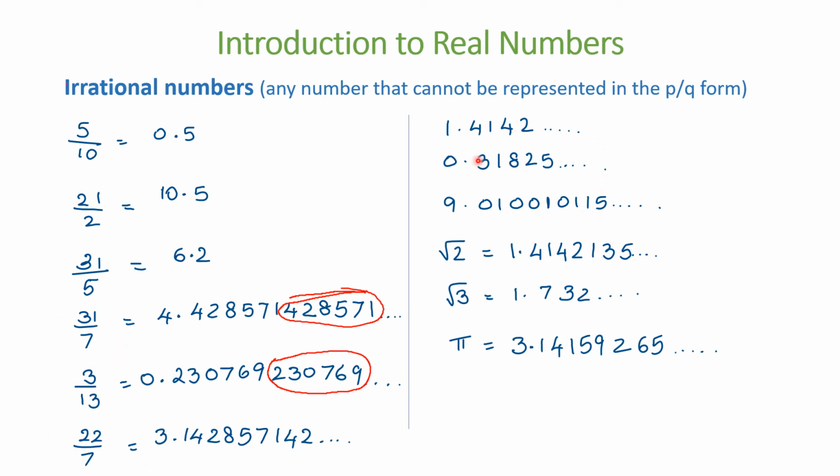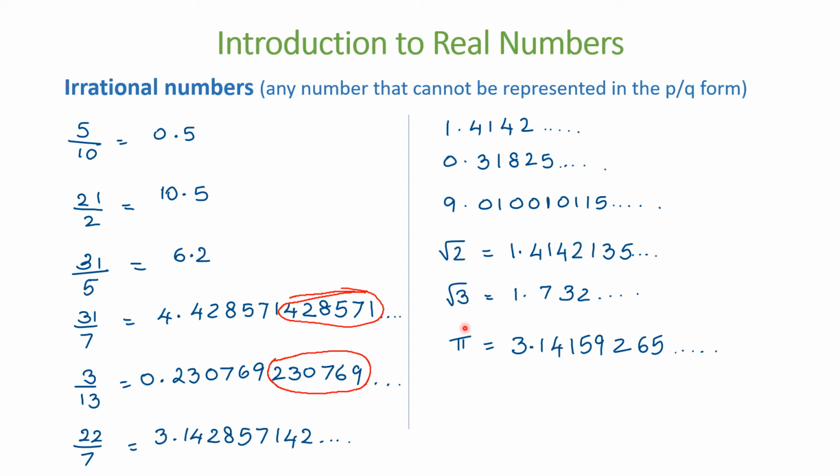But when I look at these numbers, you see that I cannot predict what my next digit is going to be. Next decimal value is going to be 0.31825. I don't know what my next digit is going to be. Here 0.1001... You see the decimal value is unpredictable.